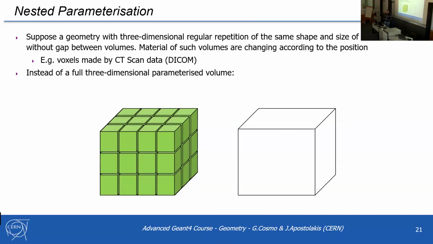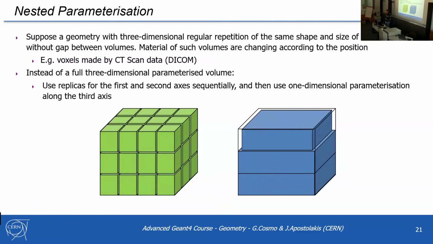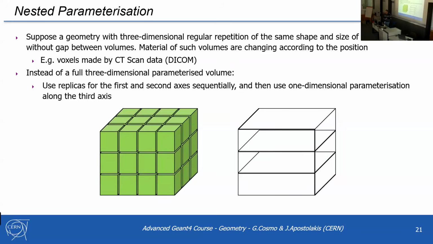However, this is not efficient. Why is it not efficient? Because in a single parameterization, you may create millions of these things. So what is good to do instead is to proceed like this. You create first a replica of layers in 1 dimension. Then in a second axis, you create another replication.